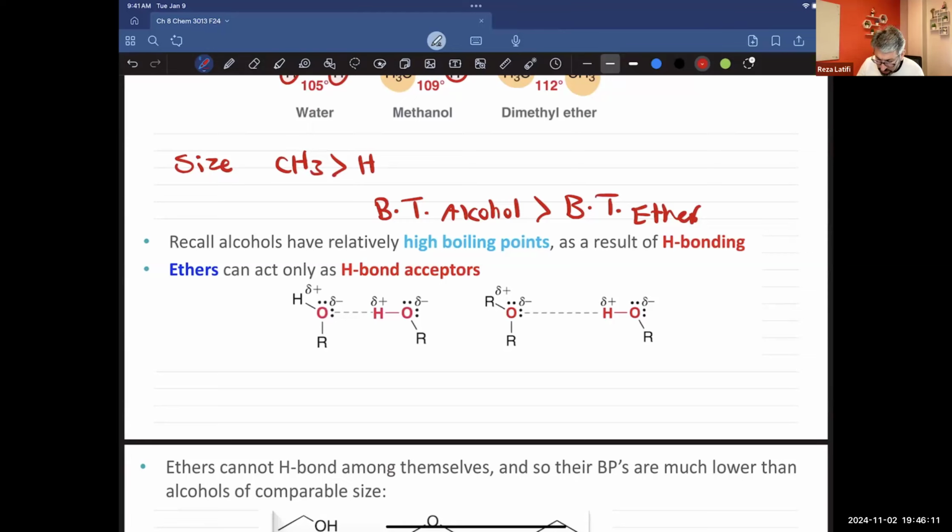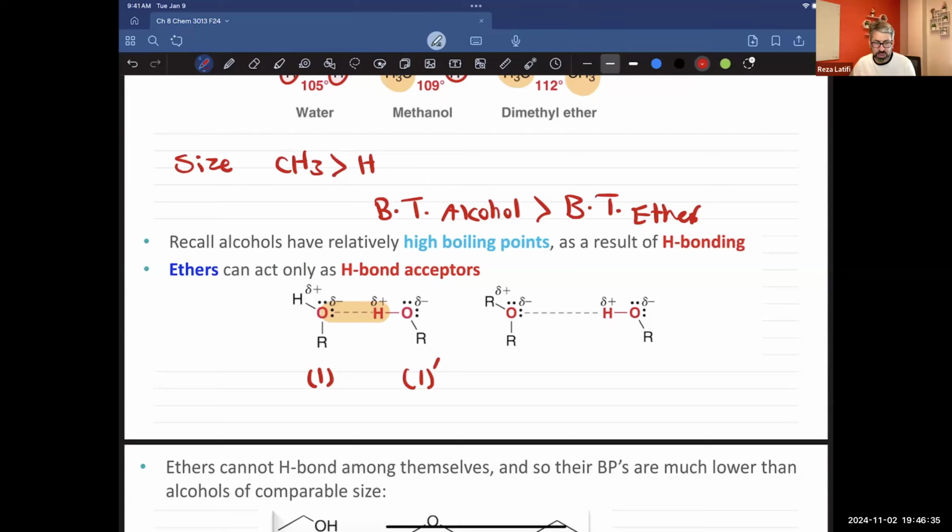This is alcohol. Number one is accepting H plus. The second one is also alcohol, they are identical, and if I call this one number one prime, it will be donating H plus.